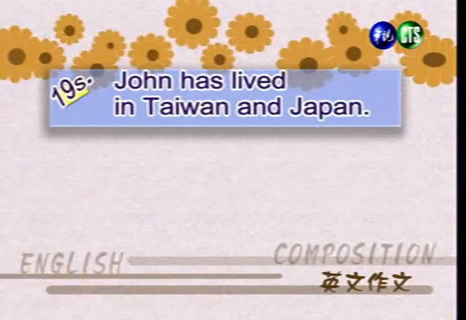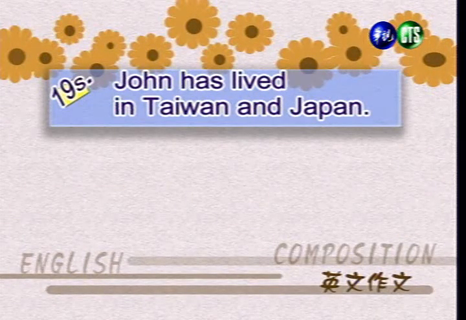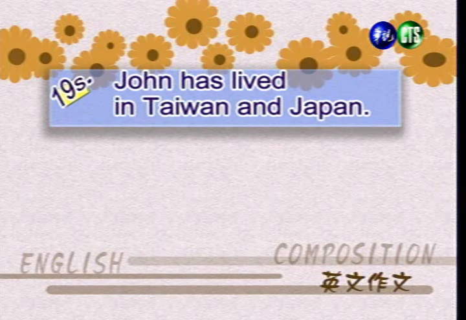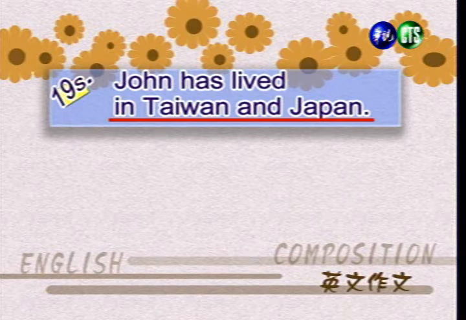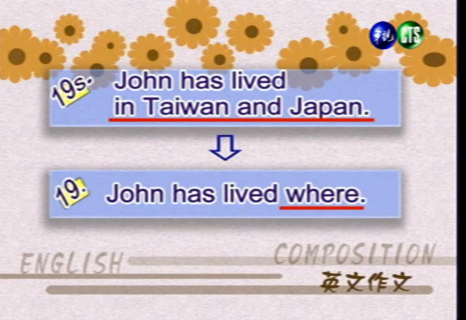So let's take a look at sentence number 19. 好，如果句中呢已经有助动词了，你就不需要再另外加入 do 来形成问句。让我们来看一下例句19。Our sentence here is John has lived in Taiwan and Japan. 好，例句19，John 住在台湾跟日本。And so we're going to make a question in which Taiwan and Japan are the answer. 好，我们接下来要做出来的问句是要以 in Taiwan and Japan 来当做问句的答案。So these are places, so we can replace Taiwan and Japan with the word where.